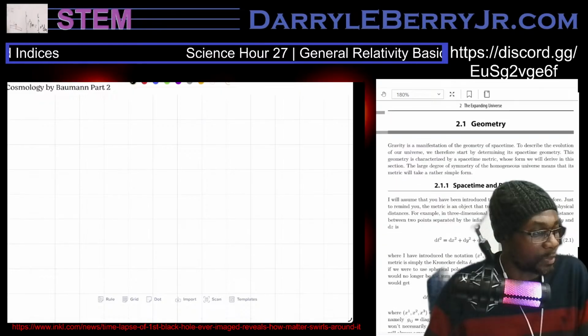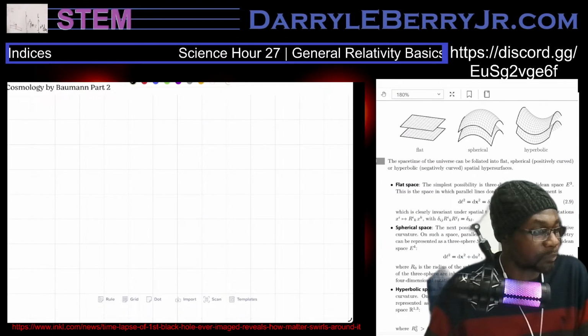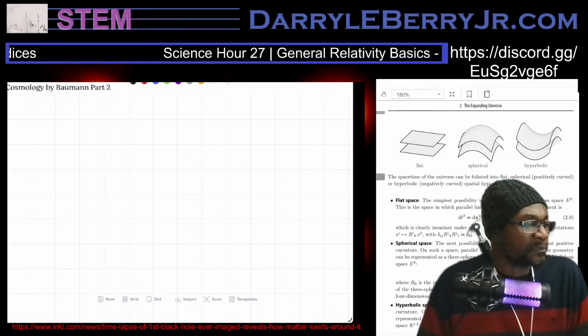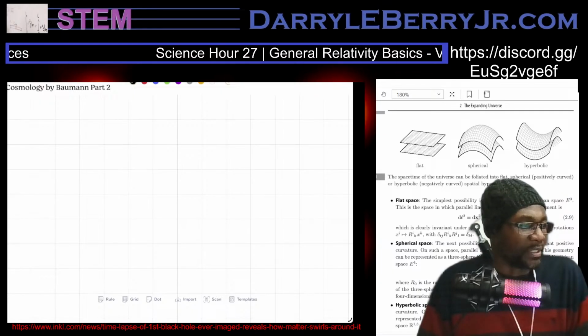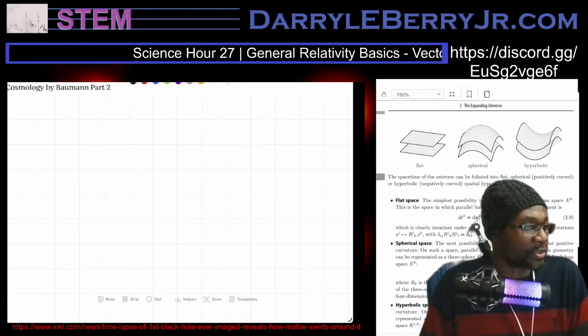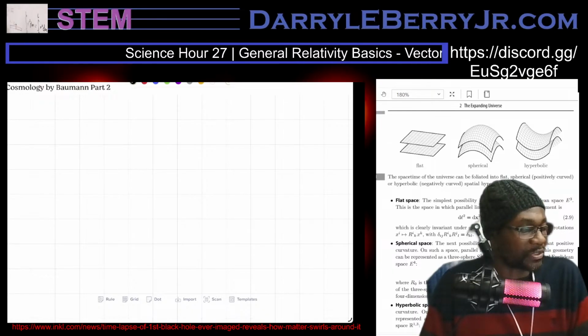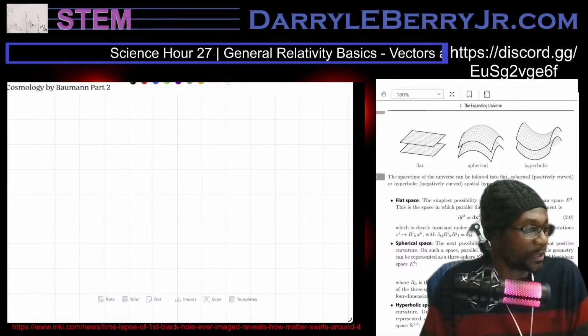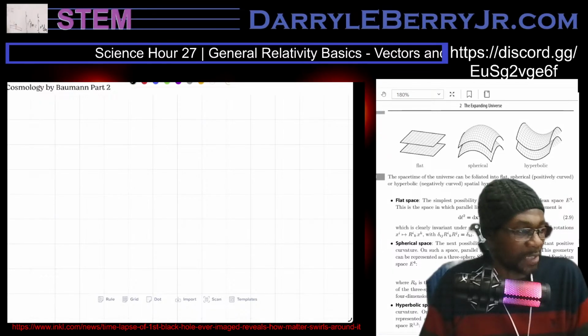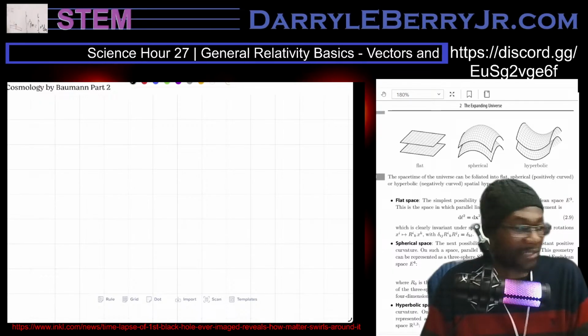It gives us figure 2.1. These are slices of the universe, each of which is homogeneous and isotropic. Homogeneous means that no matter which point you place your focus of observation from, everything looks the same, and isotropic means it looks the same in every direction.